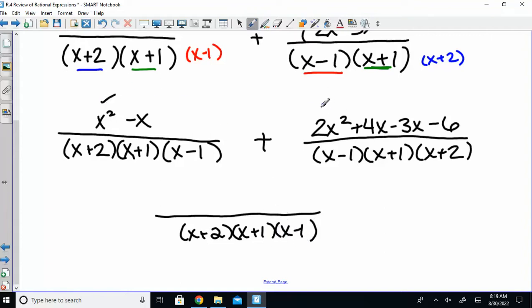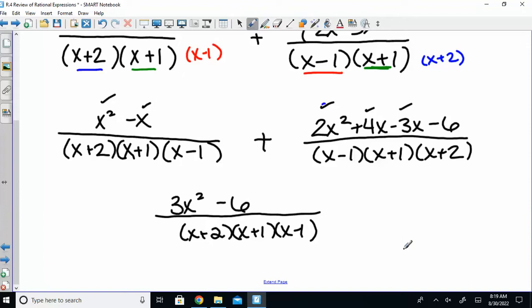So now we just add like terms. So x squared plus 2x squared, negative x plus 4x minus 3x, that goes away. And then we have a minus 6. Very simplified.